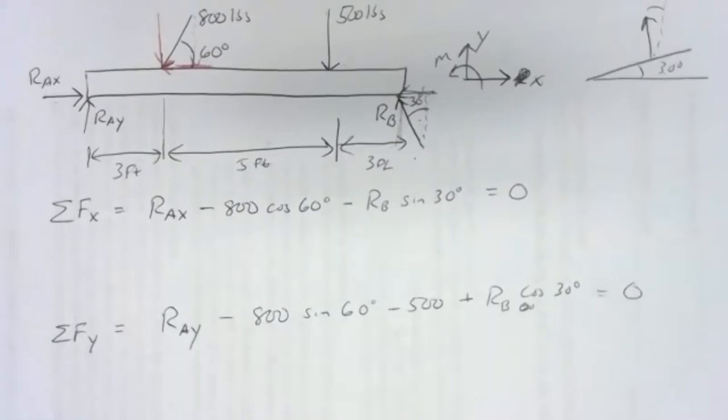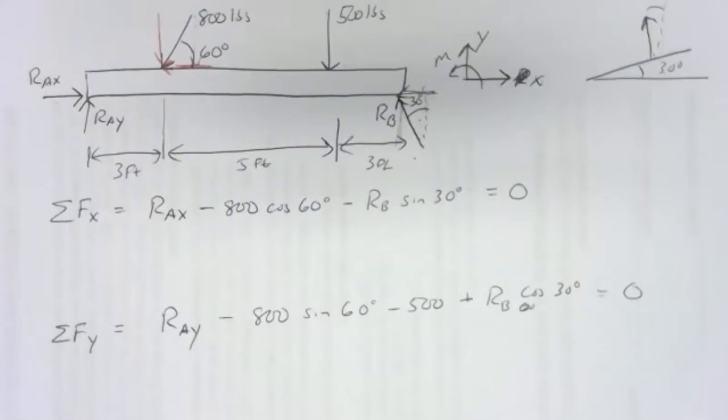Our moment equation will give us the missing piece if we pick our pivot point correctly. As long as we pick our pivot point at one of the unknowns, at one of the supports, then we'll end up with equations we can solve, and we'll avoid having to do simultaneous equations.